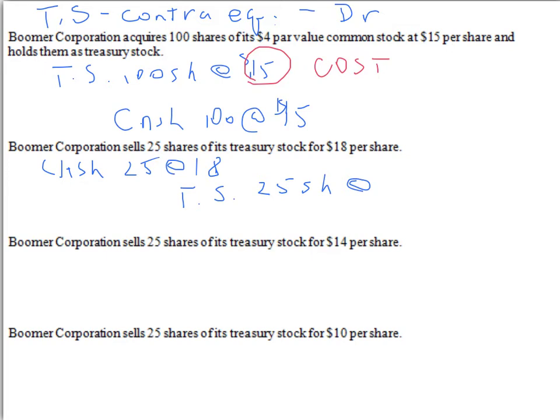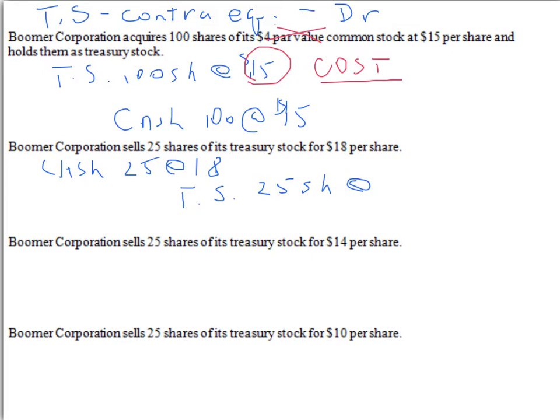Now remember, it's sort of the same idea as when we use par value for common shares, except since it's the cost method, I will disregard my par value and use my cost as if it were par value.